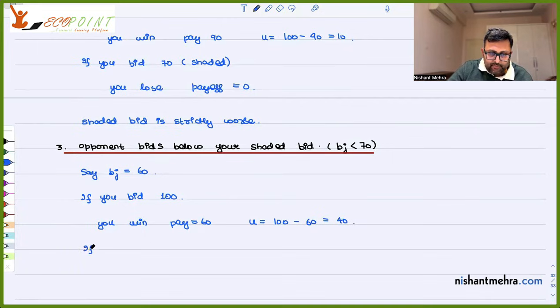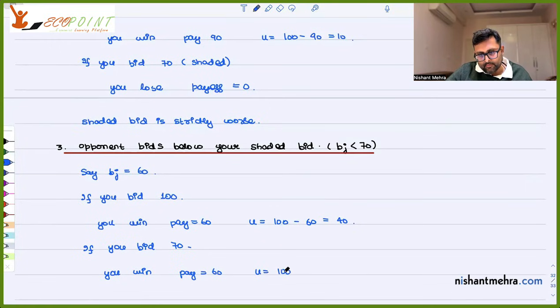If you do shaded bidding, if you bid 70, then what will happen? You bid 70, your opponent bids 60, so you win. You pay the amount of the second highest bid. Your utility is your valuation minus what you have to pay.